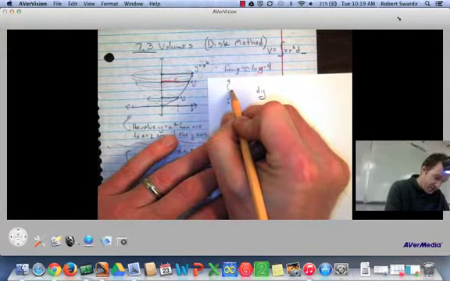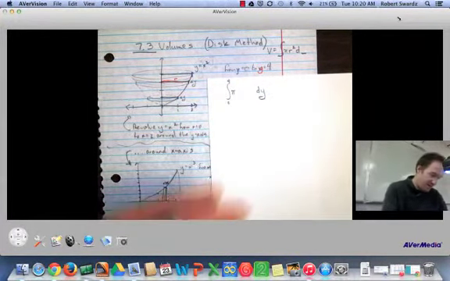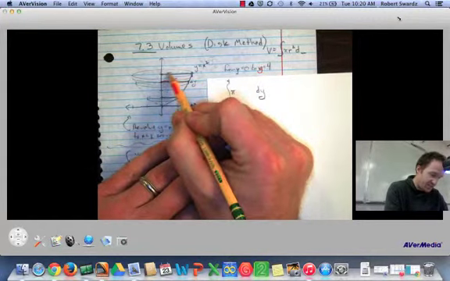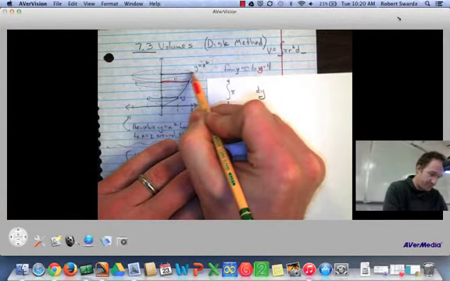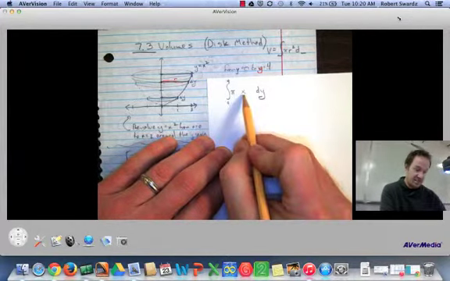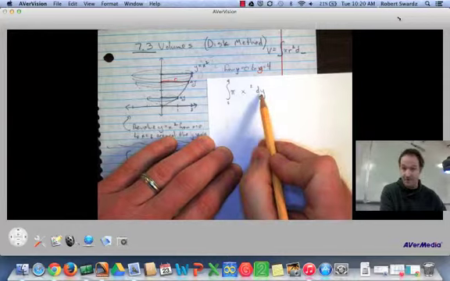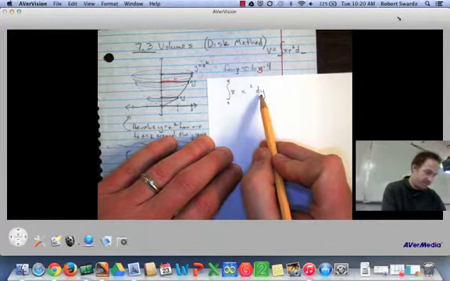Now pi r squared is the area of a circle. Our radius is an x coordinate, but we need this radius in terms of y because we're integrating dy.